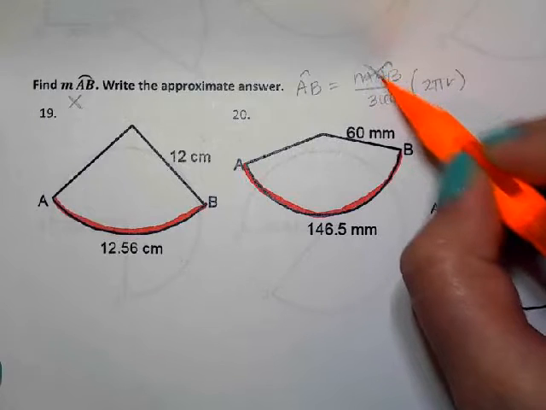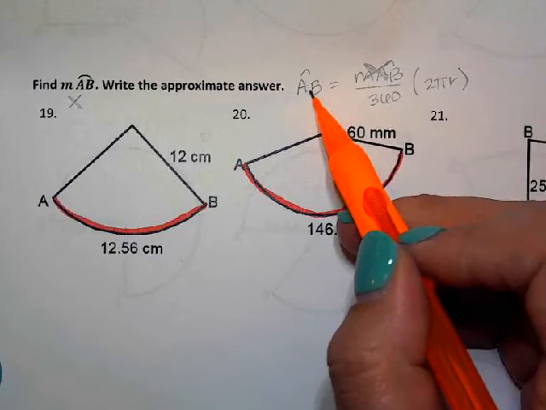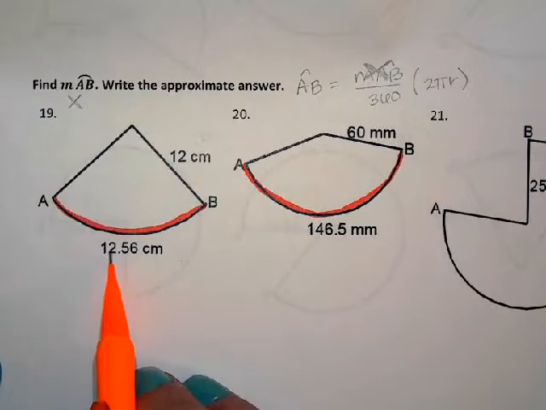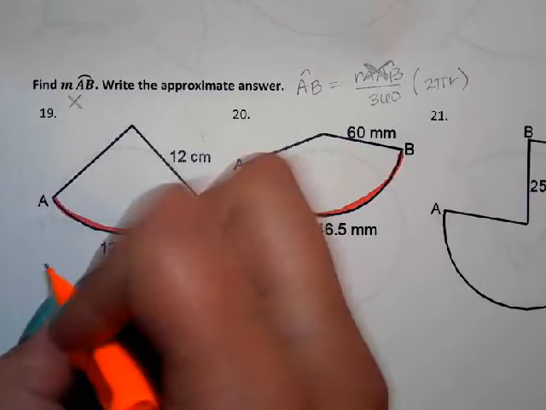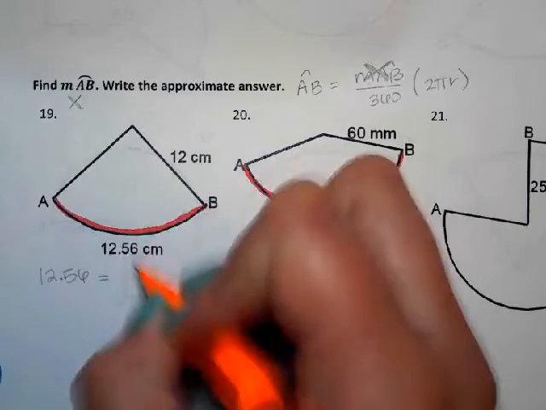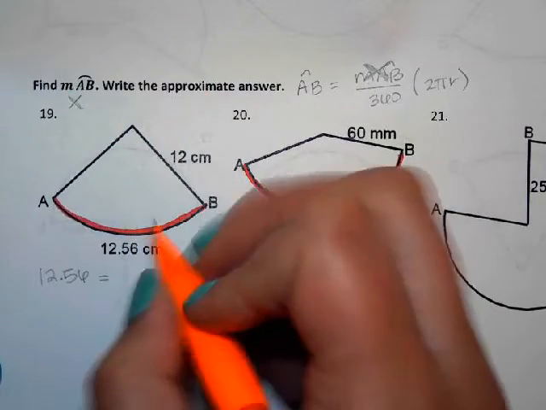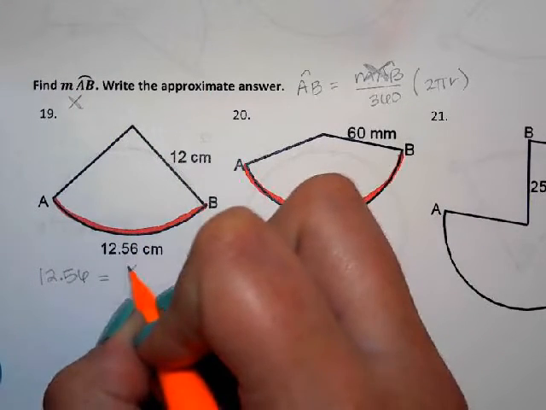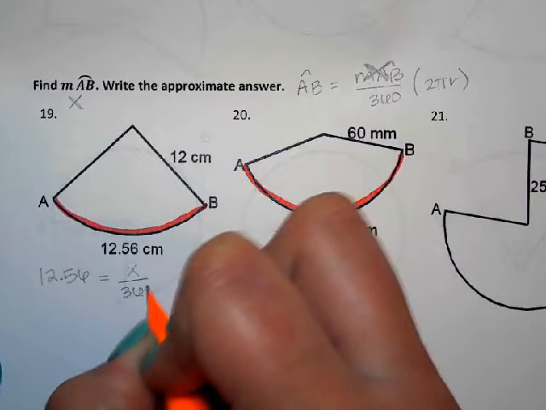So the arc length on the first one is 12.56, so I'm going to say the arc length equals the measure of the arc, the degree measure of the arc, divided by 360 degrees, times 2 times pi times the radius.